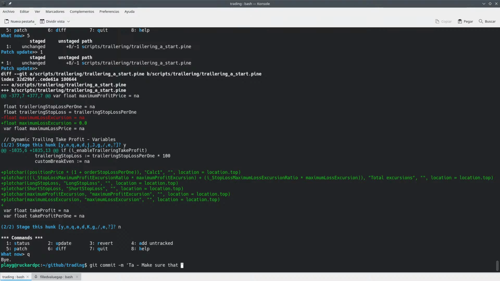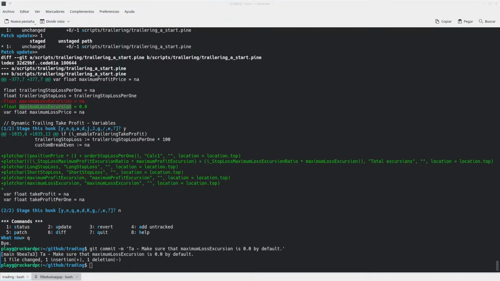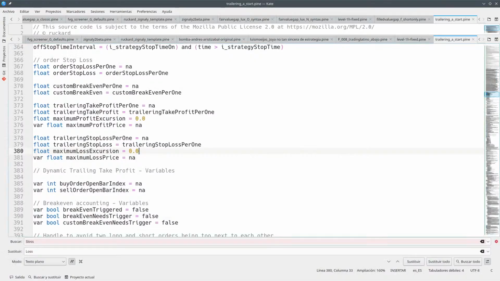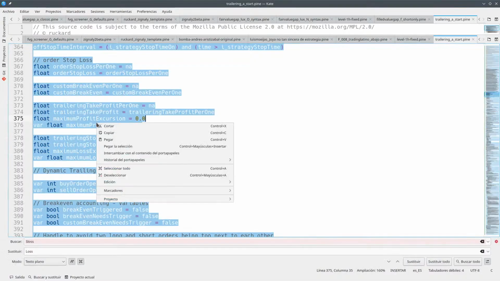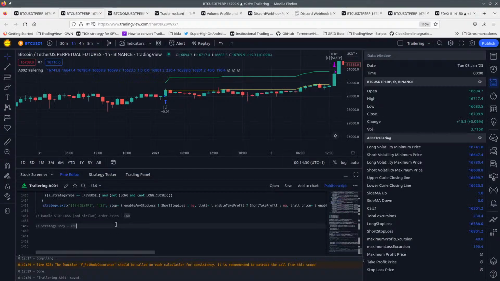Make sure that maximum loss excursion is 0 by default. Okay, so now we should be able to have much better results here. Let's see what we have here.